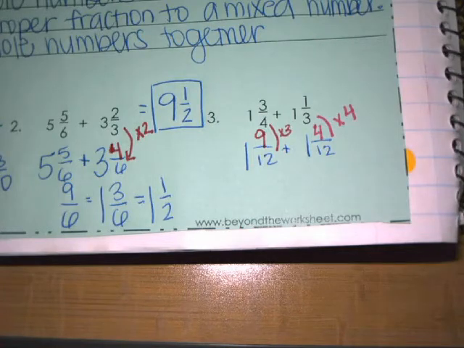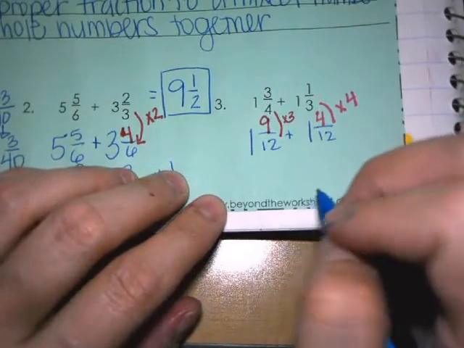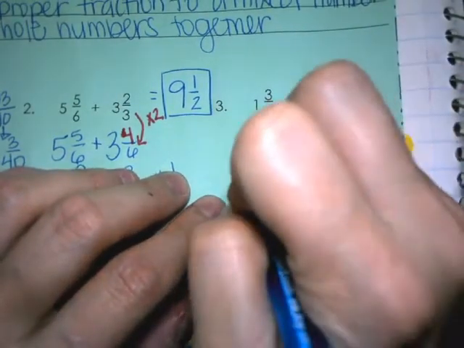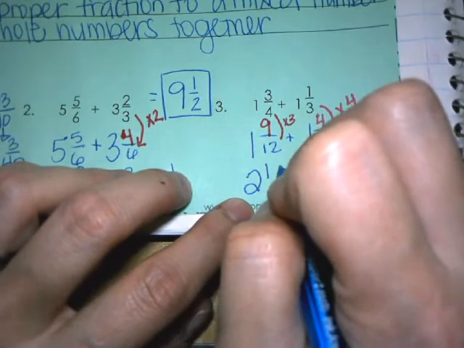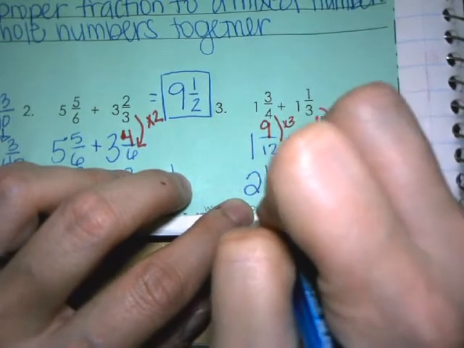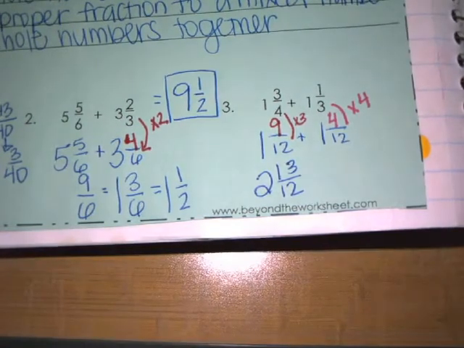What do I do now? What do I get? That's good. You added them both. So right now we're at 2 and 13 because we added the 2 whole numbers. We added the numerators, kept our denominator the same. What do I do now?